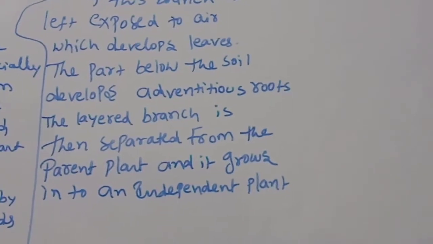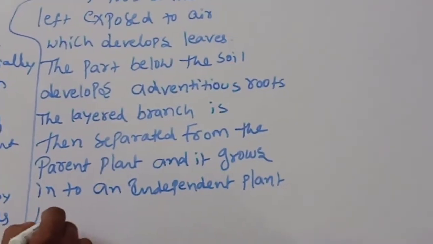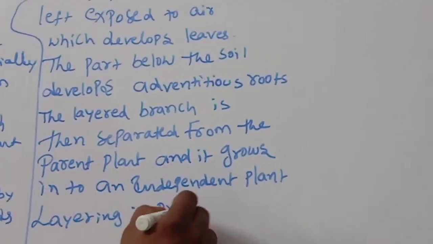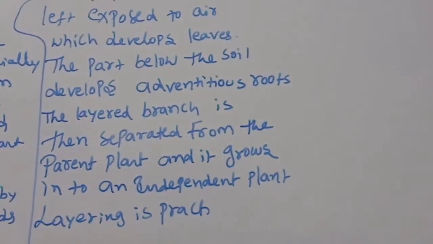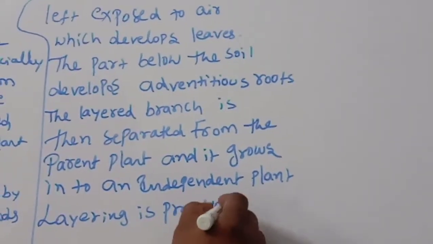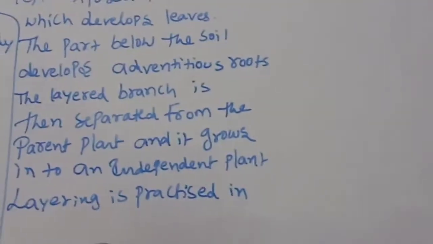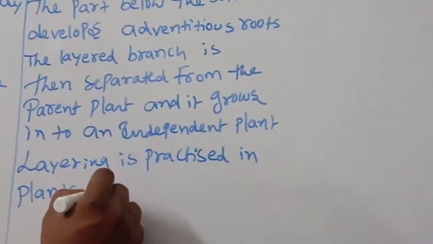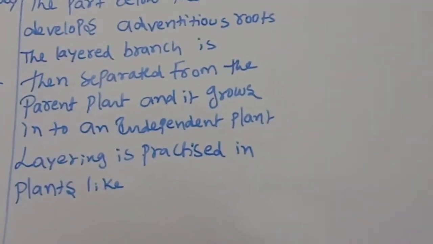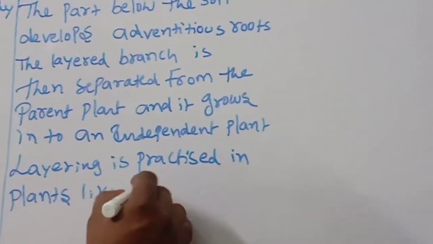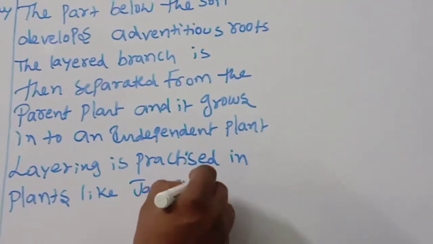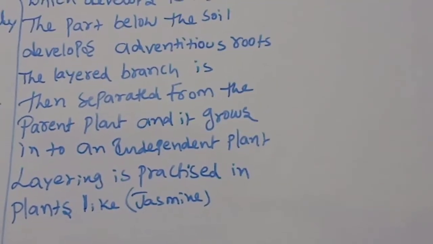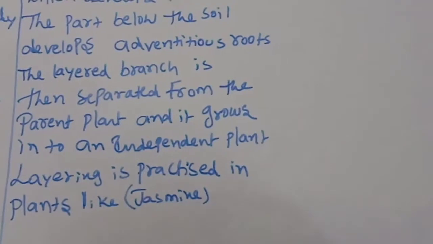Layering is practiced in plants like jasmine and magnolia.